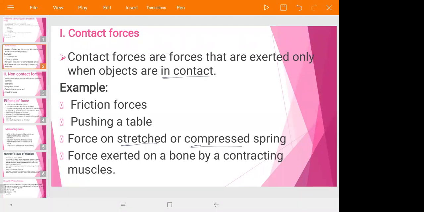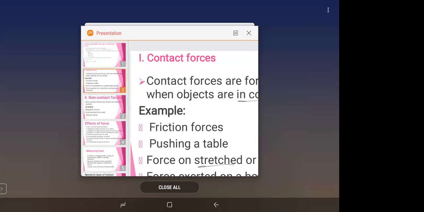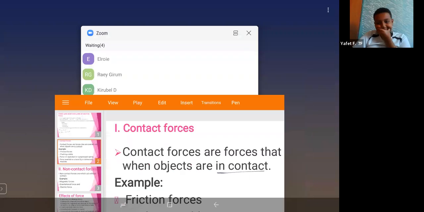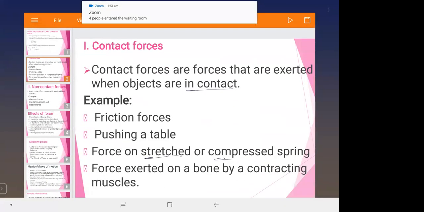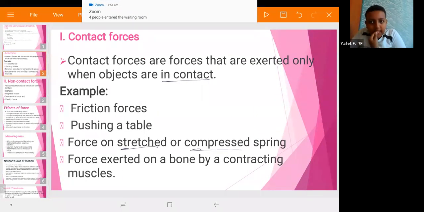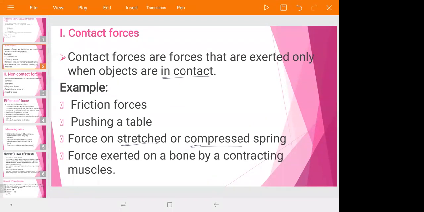Have you understood what contact force means? Yes. Therefore, you must know the definition as well as the examples of contact force.